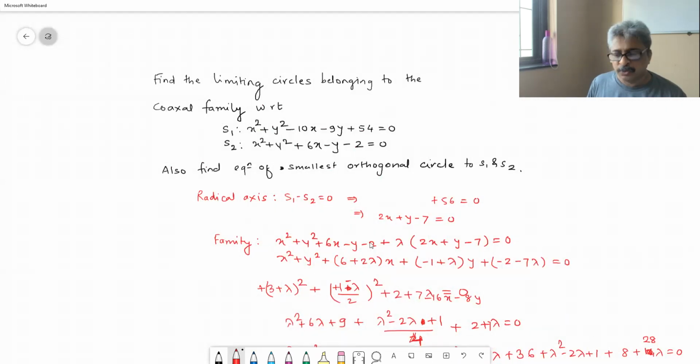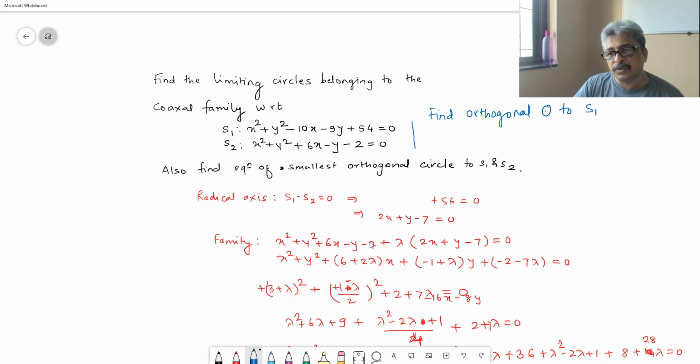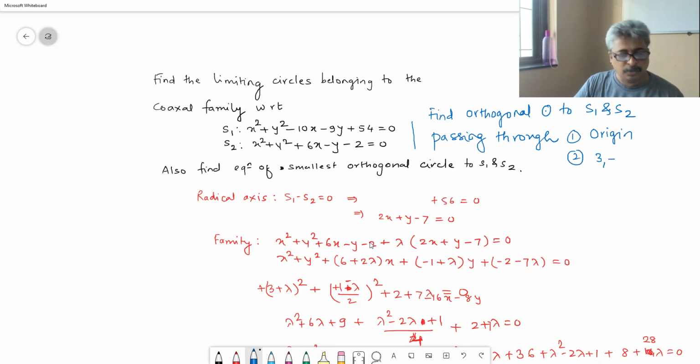If these are the two circles, find the orthogonal circle to S1 and S2 passing through: question 1, the origin; question 2, the point (3, minus 2).